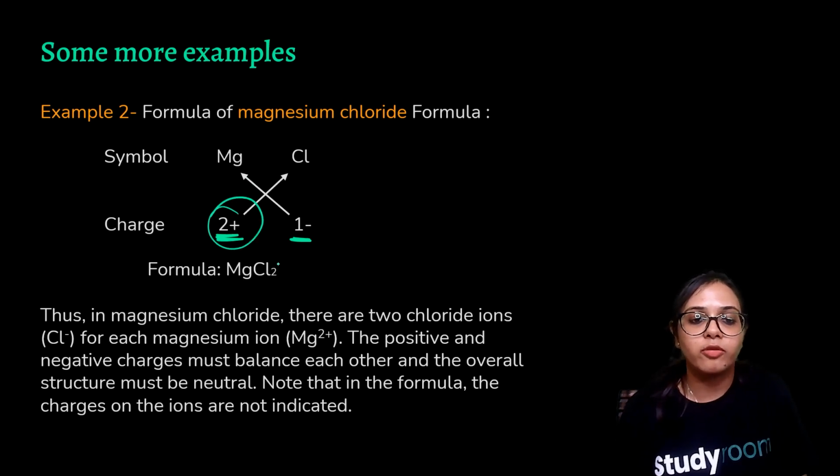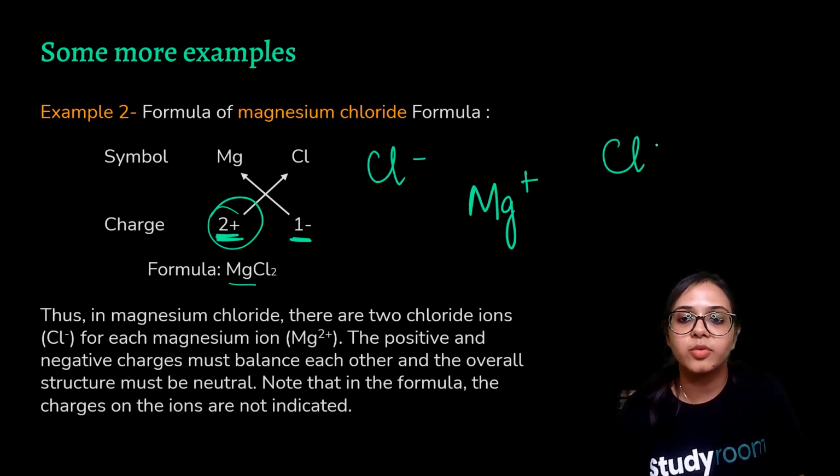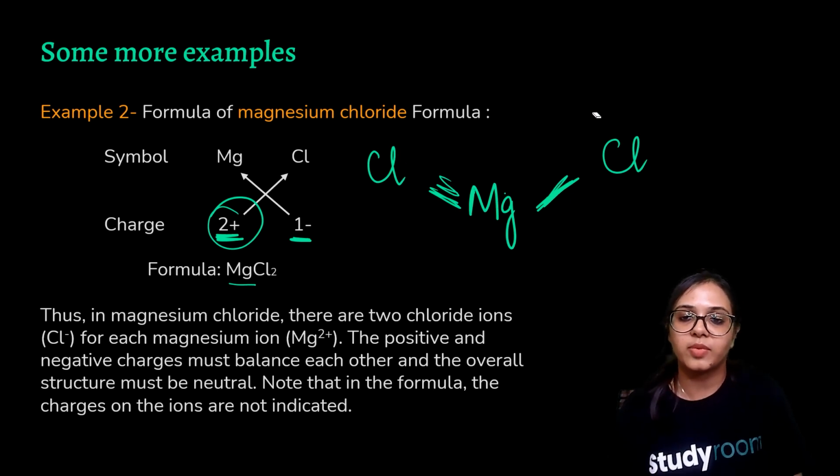For 1 magnesium, which is positively charged, 2 negatively charged chlorine atoms would come together to form a bond. This here would be a negative charge, this here would be a negative charge, and this here would be a positive charge. When the bond forms between them, the positive charge of magnesium vanishes, and the negative charge of both the chlorine atoms vanishes.